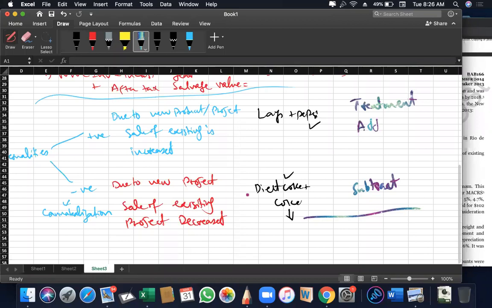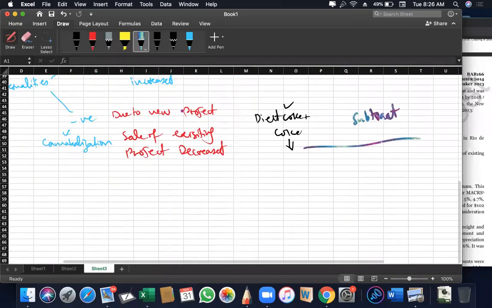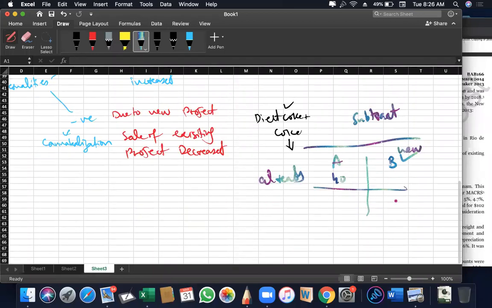Let's say this is product A and this is the new product we launch. Already this has a sale of 40. And because of this, we got a sale of 50.